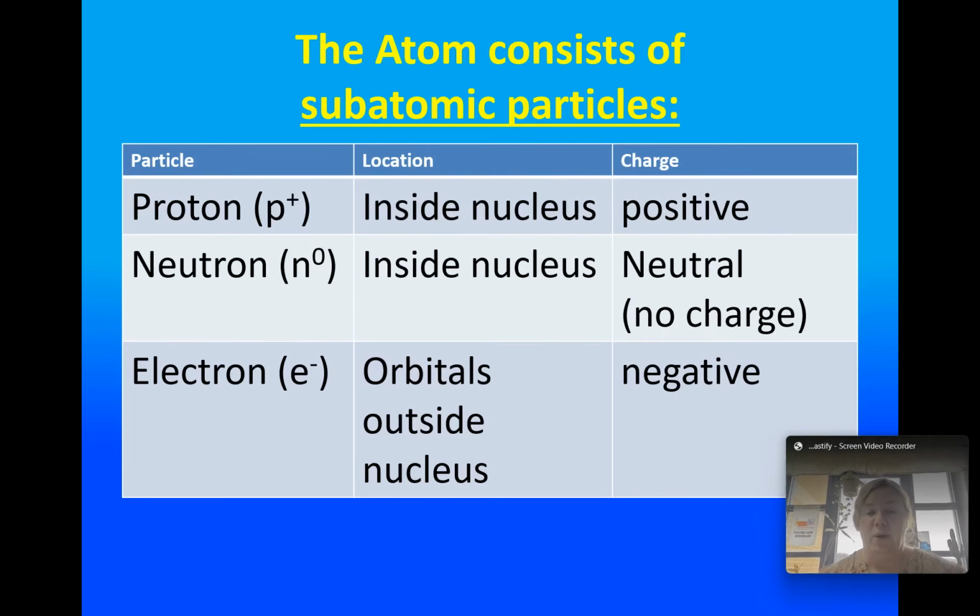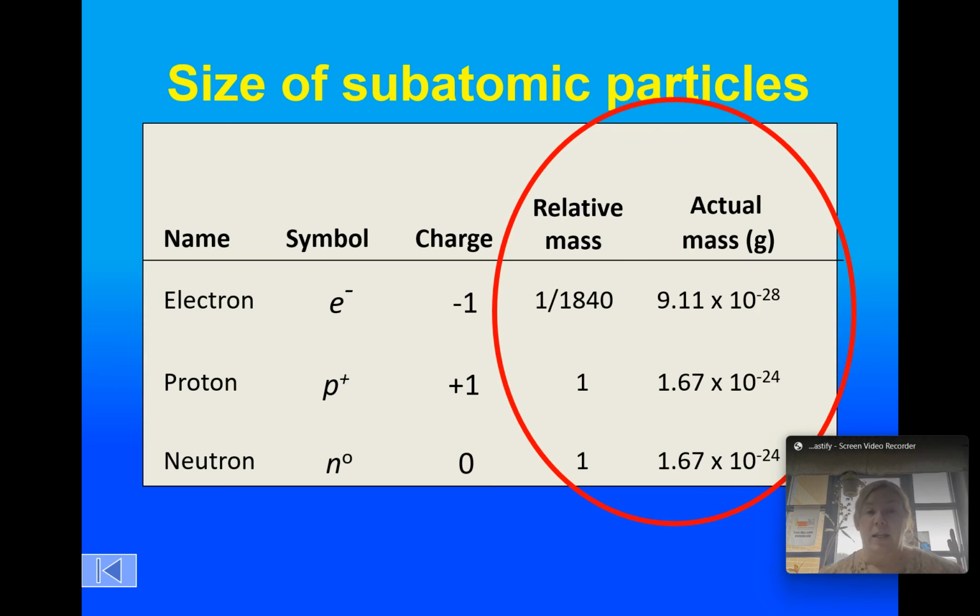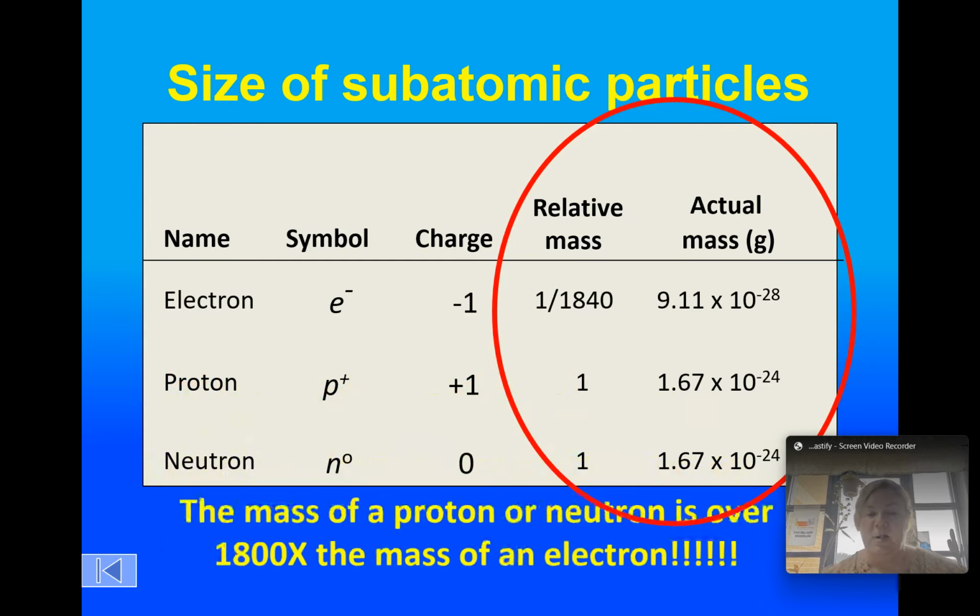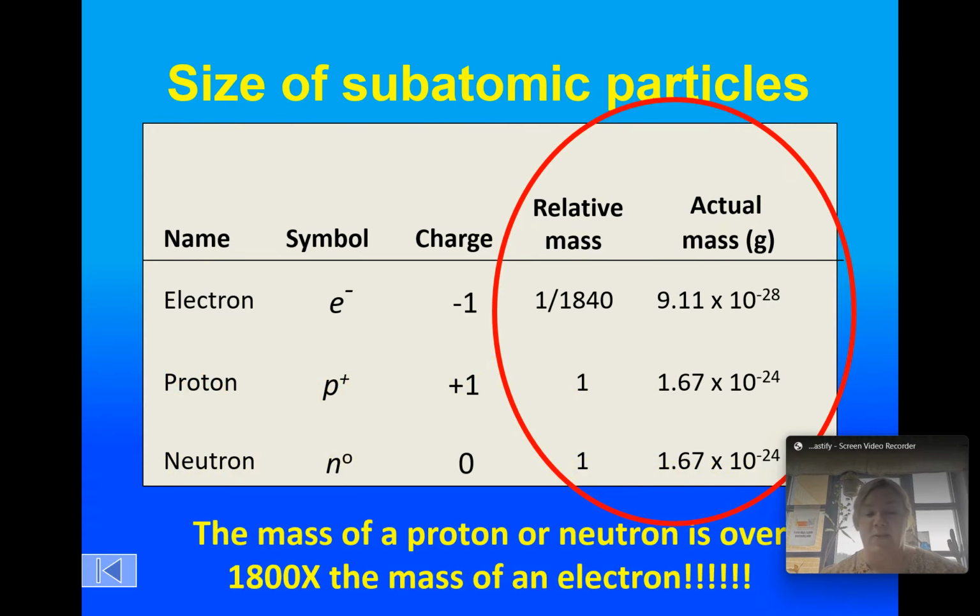The charge of a proton is positive, the charge of a neutron is neutral, meaning it does not have a charge, and the charge of an electron is negative. Now, for the size of subatomic particles, you do not need to know the actual mass of these particles whatsoever, but I want you to see that the mass of a proton or a neutron is over 1,800 times the mass of an electron.